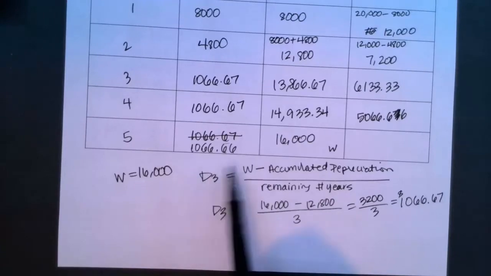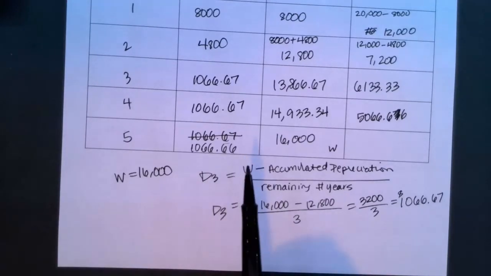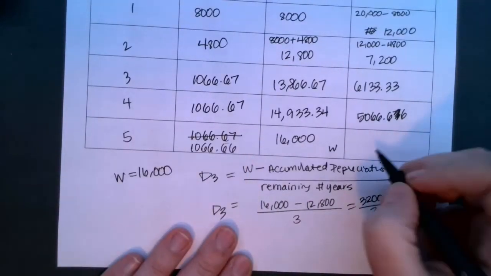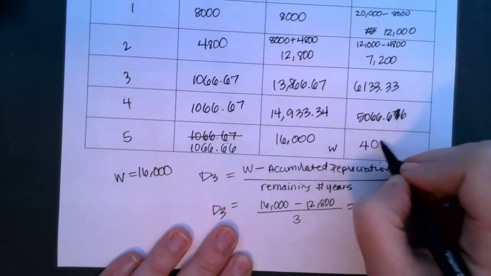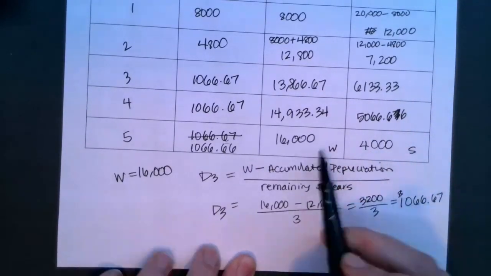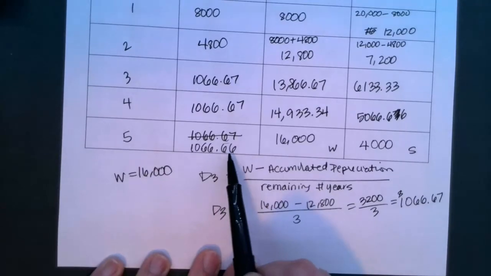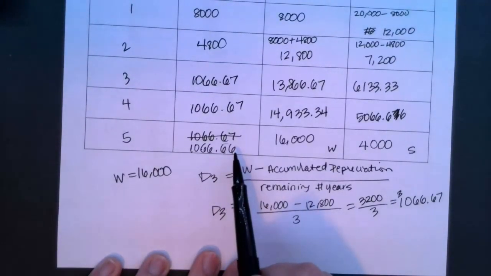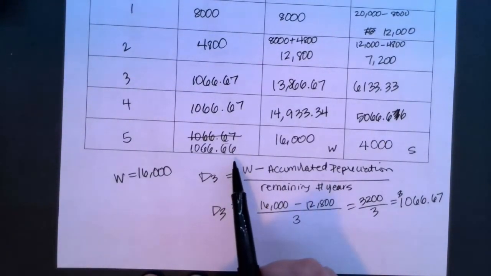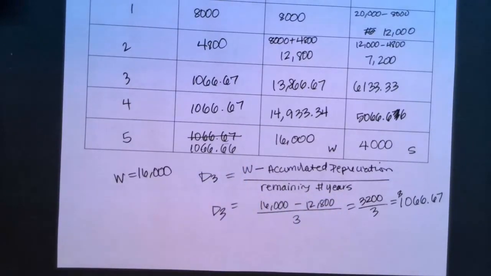We're going to change our depreciation value. So that one's just a little bit different. Our book value is still going to be that scrap, because these values aren't going to change. We're going to adjust this one, and when you adjust it, it should only be by a penny or so. It should not be a big change, and that usually only happens with the straight line depreciation adjustments.